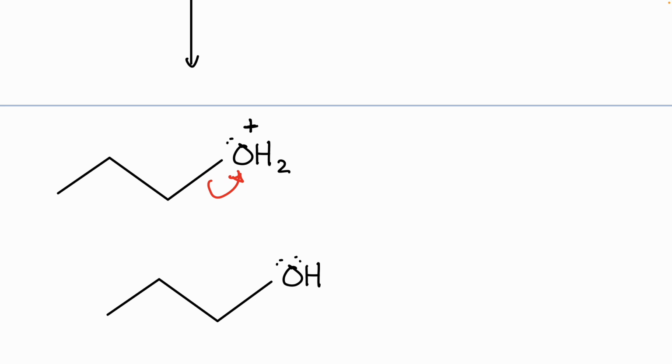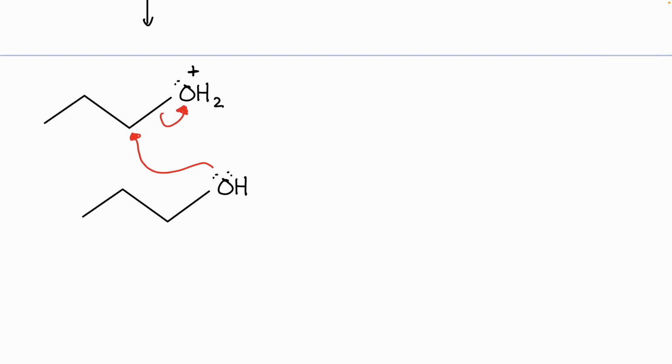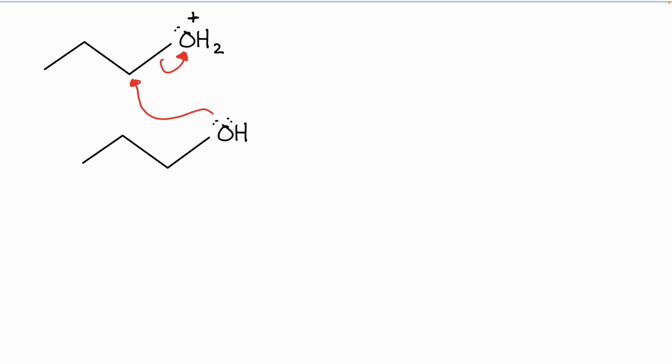We're going to have our nucleophile attack and our leaving group leave all in the same step here, right? We're going to kick off that leaving group, but importantly, it's got to be in the same step as we have that nucleophilic attack. So now we have our one alcohol reacting with its neighbor and kicking off that protonated leaving group. And this gets me pretty close, but I'm not quite done.